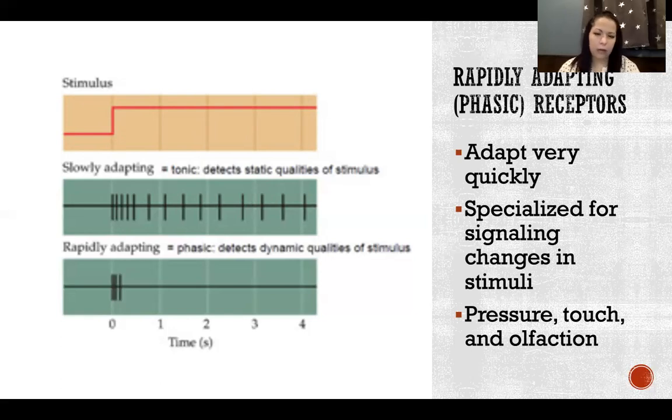Rapidly adapting or phasic, we're seeing a lot of signals being sent initially, like you walk into the house from outside and you're hit with that smell, and your olfactory receptors will send a bunch of signals to the brain saying, hey, alert, alert, here is the stimulus that we're detecting right now.